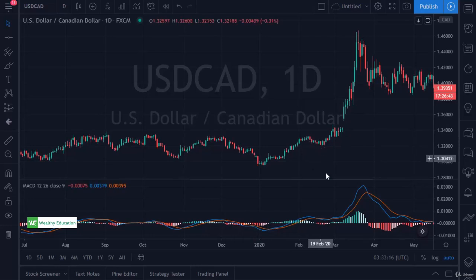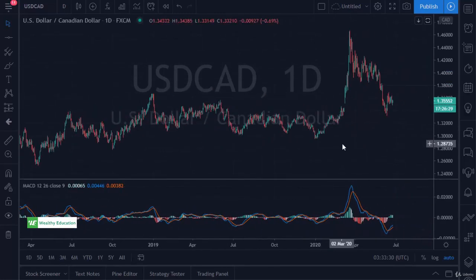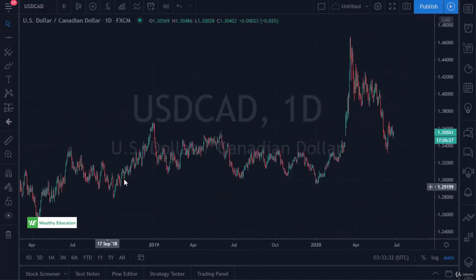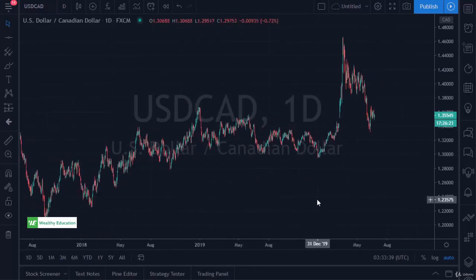Right here, right as the handle was forming, we broke back down, crossed again, although it's the moving average cross, not the signal line cross, and took off to the upside. So that in and of itself was probably worth paying attention to. However, sometimes it's just simple support and resistance that matters more than anything else. You can clearly see how 130 has meant so much to this pair.